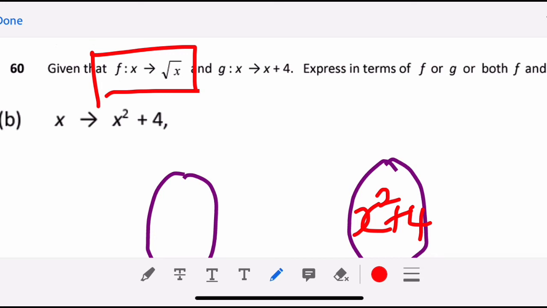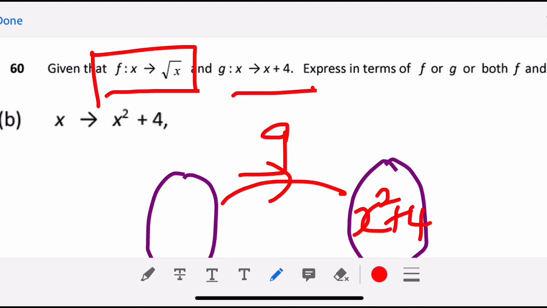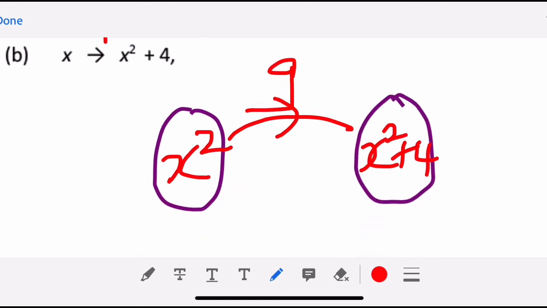And then you have x plus 4. Of course, you know that you will use a g. If I am having g(x), if here is x, I will have x plus 4. So if I have x squared, here I should write x squared, right? My object will be x squared.